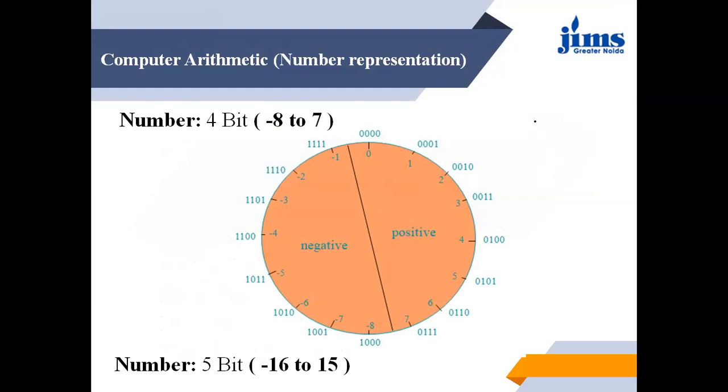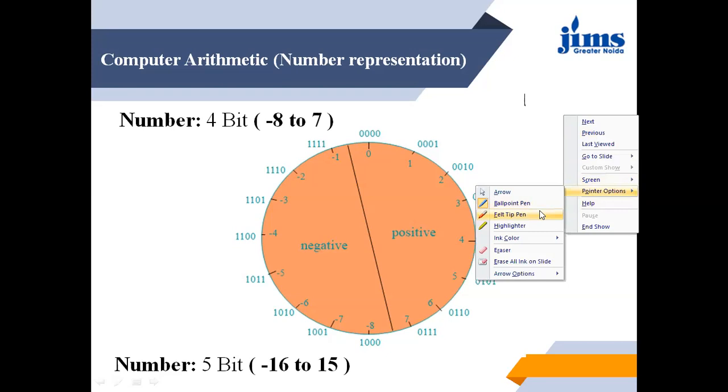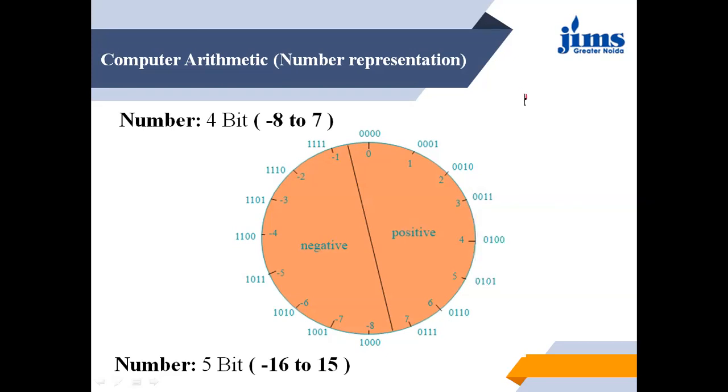As we discussed earlier, if the number has 1 bit, then we can store either 0 or 1, any one value from 0 or 1, and the total possible combinations in the case of n bits is 2 raised to the power n.